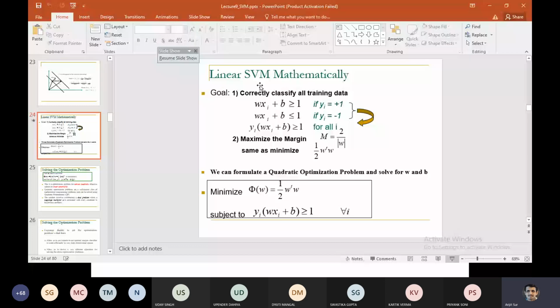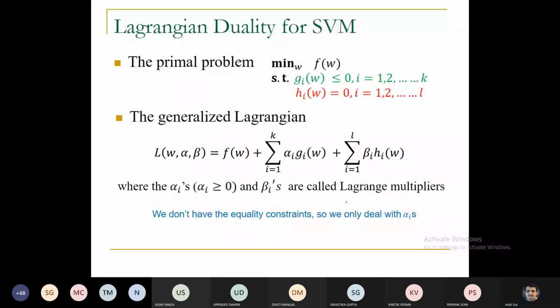Now how do we frame this particular problem as a Lagrangian dual formulation? Our primal problem is to minimize f(w), and the generalized Lagrangian uses the Lagrangian multipliers. This is the duality of SVM; the primal problem is this.